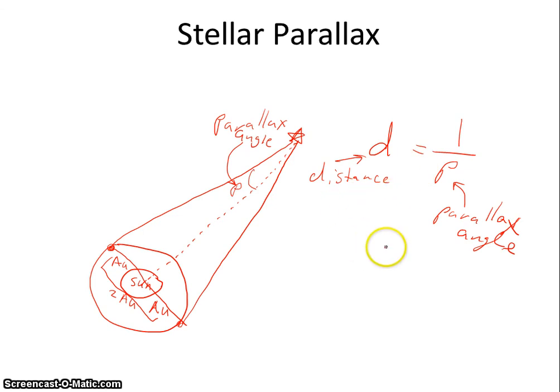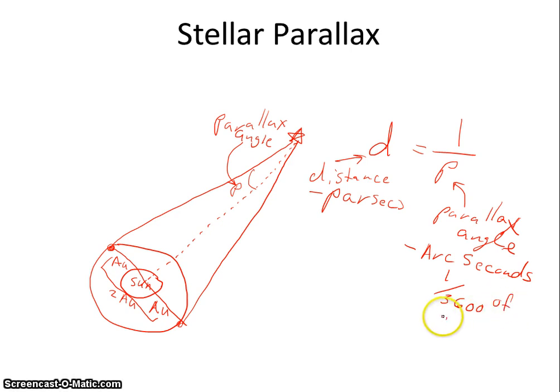And so the parallax angle is measured in what we call arc seconds. And the distance we'll get is going to be in parsecs. An arc second is 1/3600th of a degree.